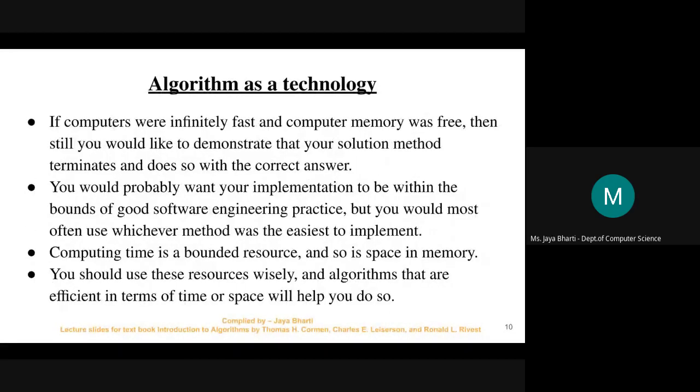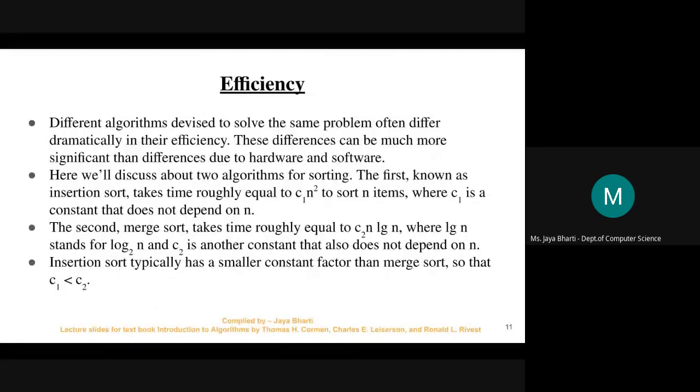The first thing is we need to see how efficient our algorithm is, so for that we will look at efficiency. We all know that for sorting any number of elements, we have different algorithms: insertion sort, merge sort, selection sort, quick sort. It says that different algorithms devised to solve the same problem often differ dramatically in their efficiency.